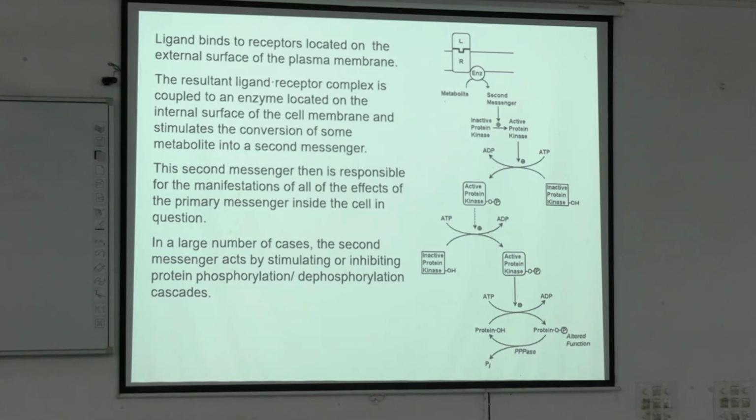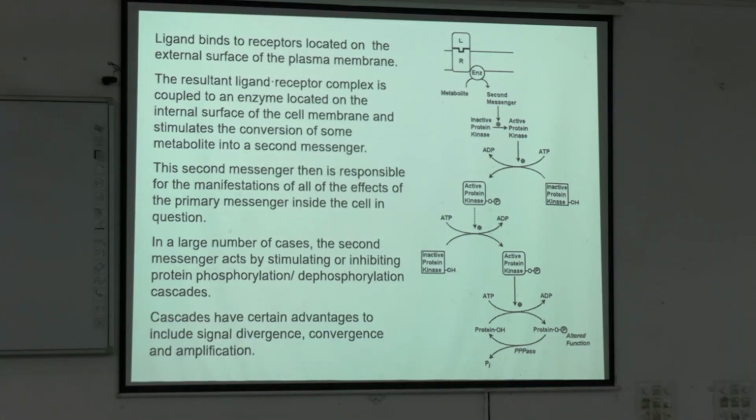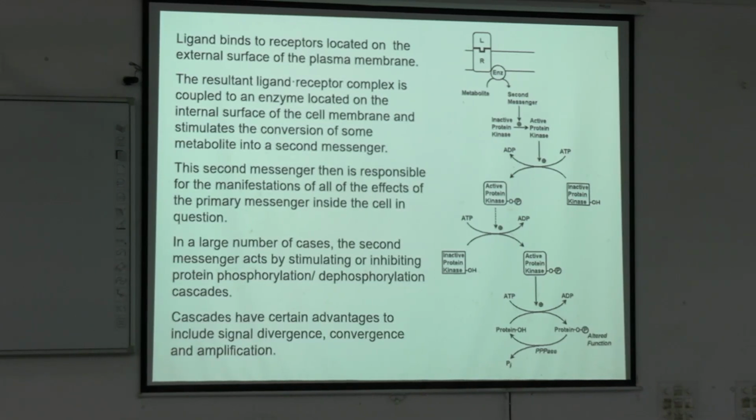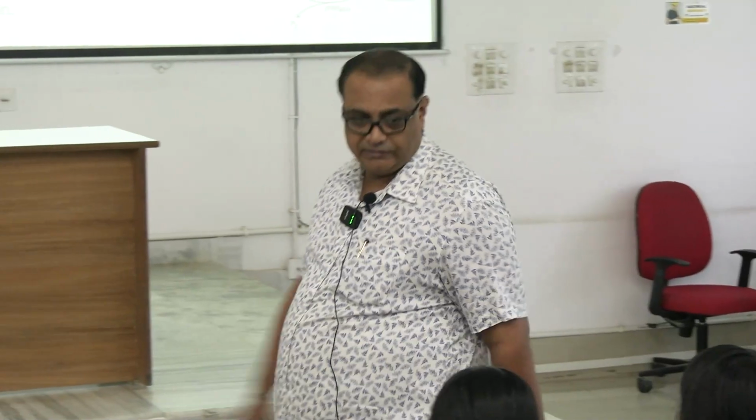Each diagram we are increasing one step ahead, more detailing. Cascades have certain advantages to include signal divergence, convergence and amplification. Means when required it can divert to other pathways, when required it can converge to the same pathway, when required it can amplify.